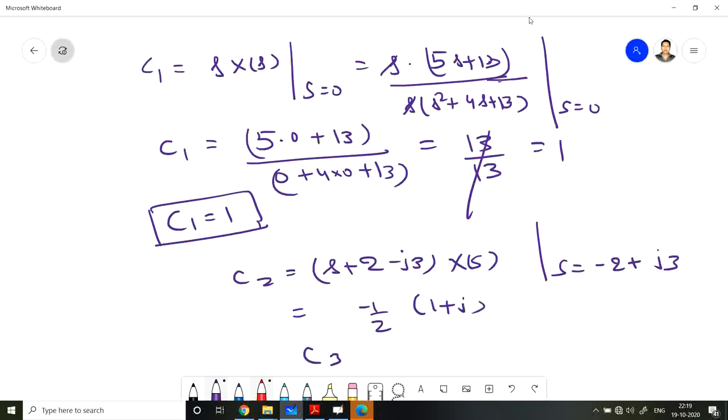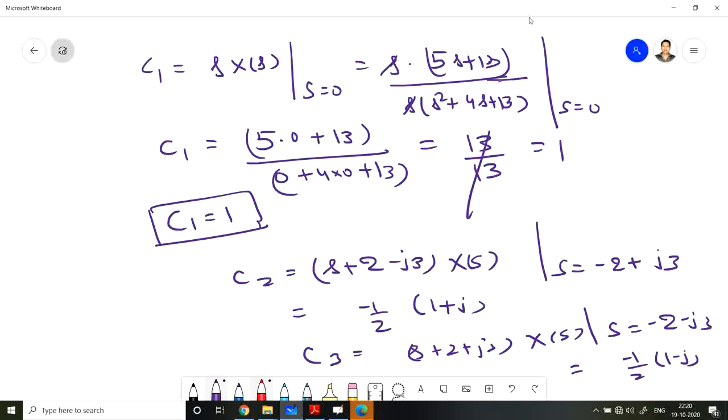Please check. Likewise, c3 is calculated as (s + 2 + j3) multiplied by X(s) at s = -2 - j3, and the solution is -1/2 (1 - j).